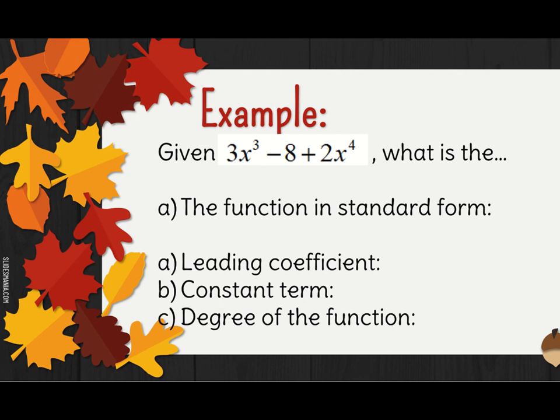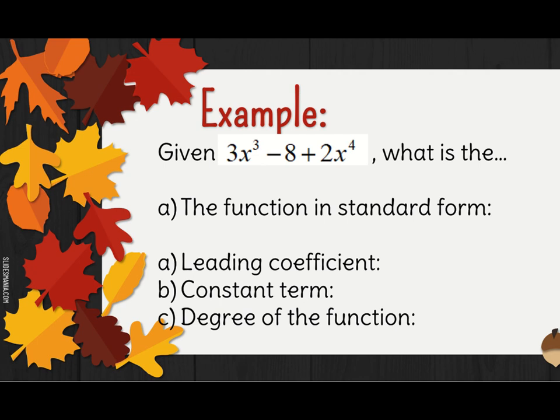So adding one more component, one more example here, given 3x to the 3rd minus 8 plus 2x to the 4th, what is the function in standard form? And then continuing with the lead coefficient, constant, and degree. So remember, standard form is largest exponent to smallest.